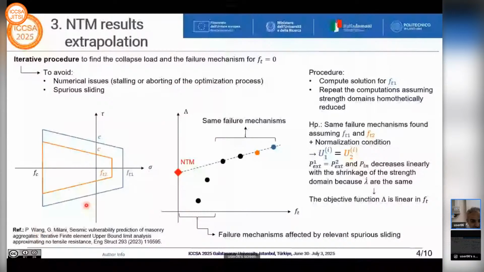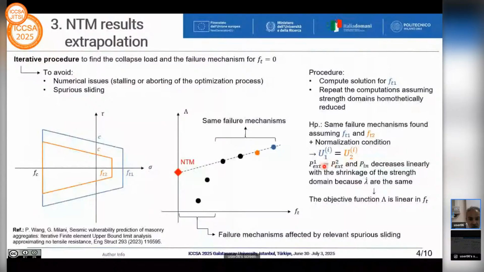So to repeat iteratively some linear programming computations with the same shape of failure surface, but shrinking the failure surface progressively. So the blue one and the orange one: the failure mechanism doesn't change. Thanks to the normalization conditions, the distribution of the field of velocities of the elements is the same.